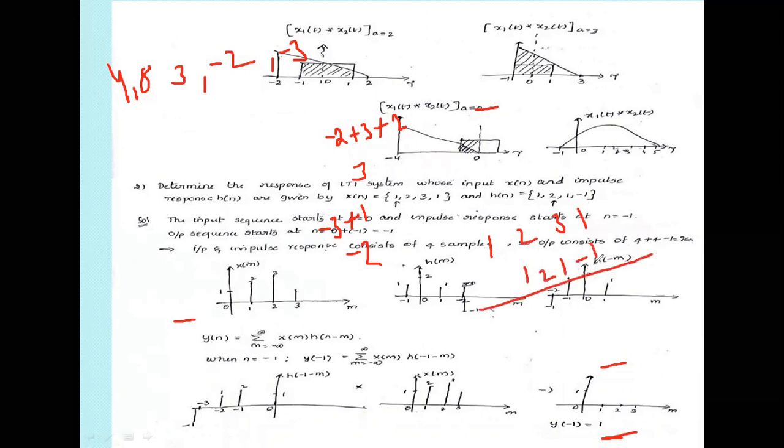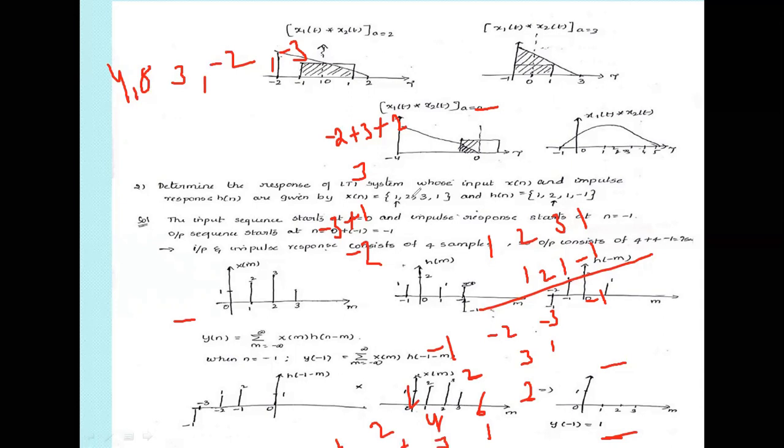Okay, multiply these values. Minus 1, minus 3, minus 2, minus 1. And 1 to 1 is 1, 3, 2, 1. And multiply with the 2. 2, 6, and 4. And 2. Again, it is 1, 3, 2, 1.